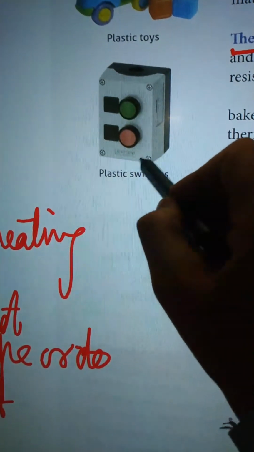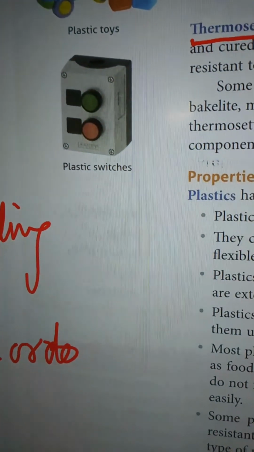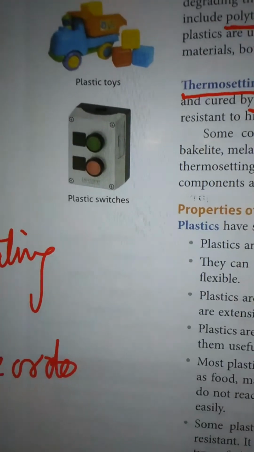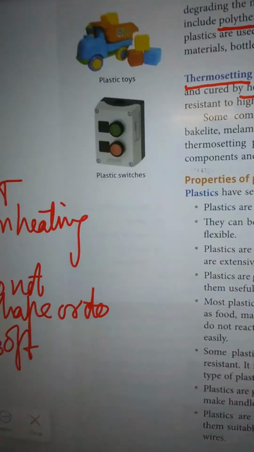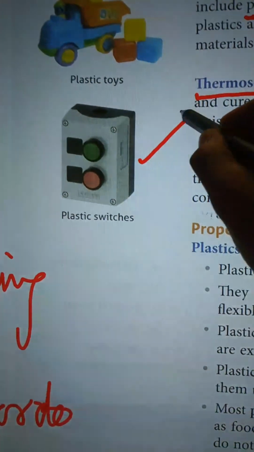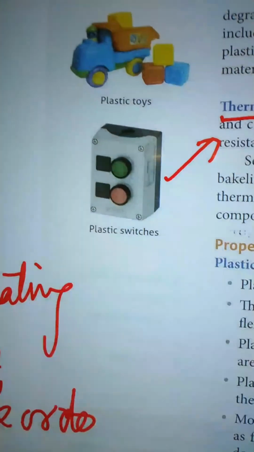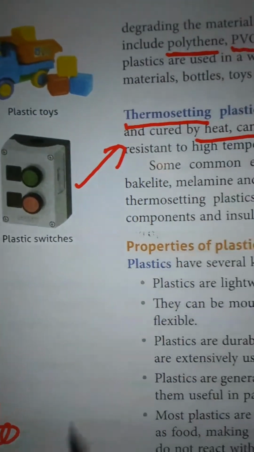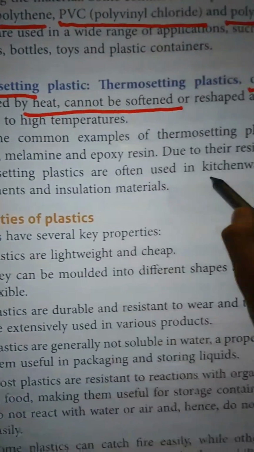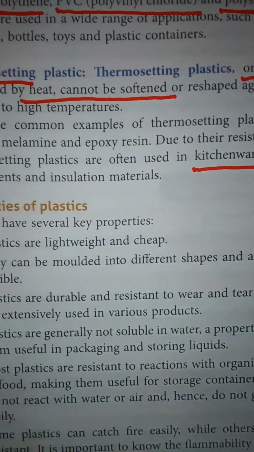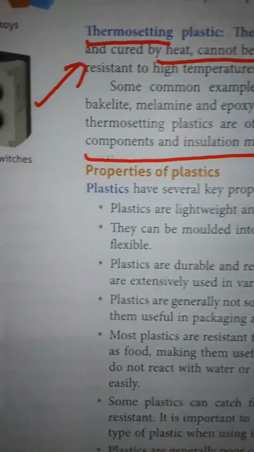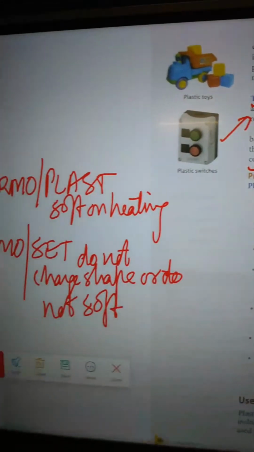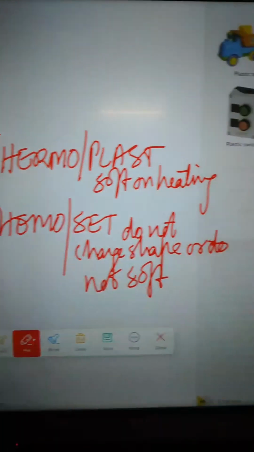The electric switch has current passing through it, and it does not become soft. That is why thermoset is used. Plastic toys do not become soft, so thermoset plastic is used. They are used in making kitchenware, electronic components, and insulation materials. Like this smart board which I am using, that is also made of thermoset.